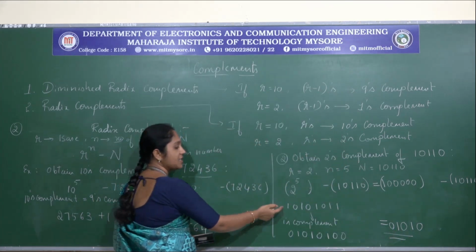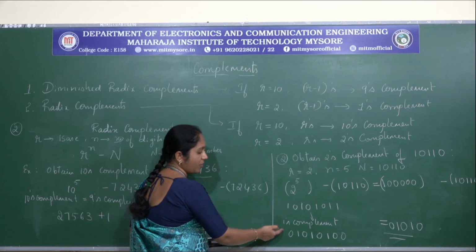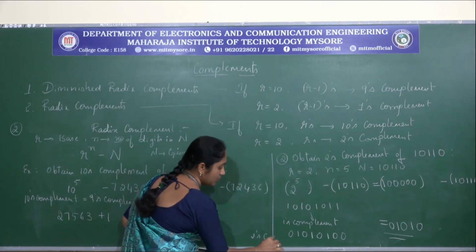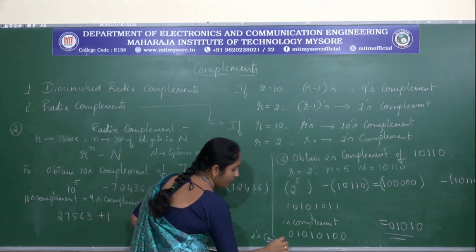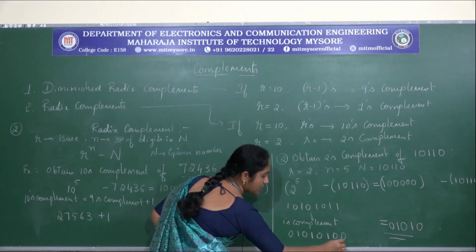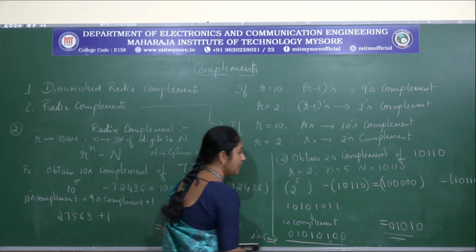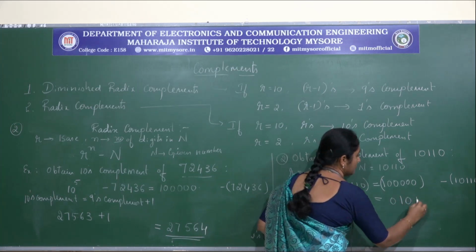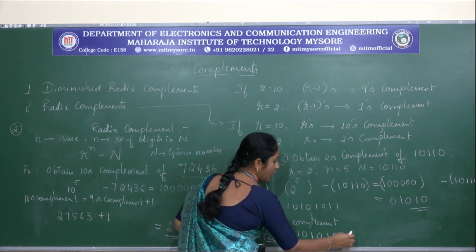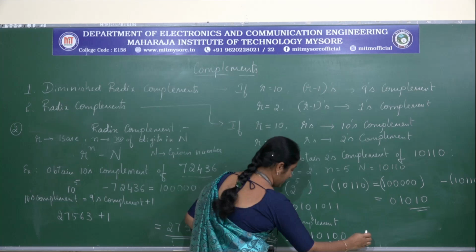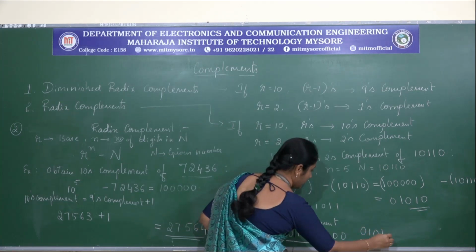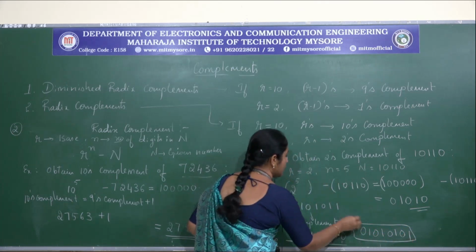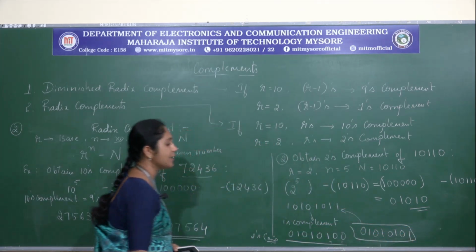If you consider this example, we have the 1's complement already. So in order to obtain the 2's complement, we need to add 1 to this. The result, the 2's complement, is 0 1 0 1 0 1 0 1. This is the 2's complement of this string.